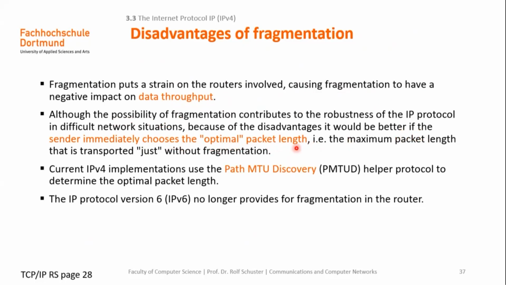Sometimes it's not so simple, but it could be performed by the source host to discover the MTU, the optimal datagram length to use in order to avoid the fragmentation process at the intermediate routers.